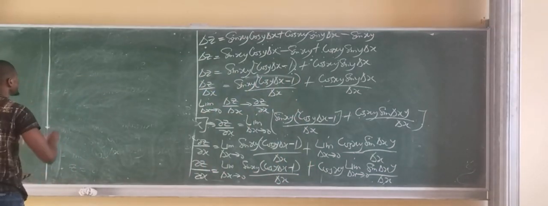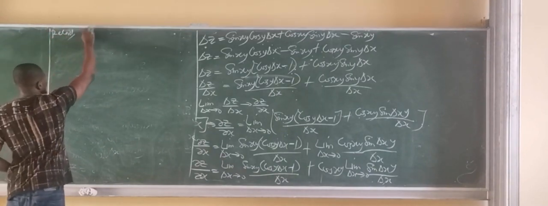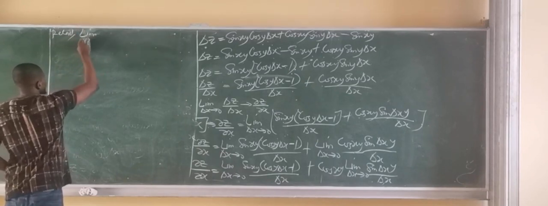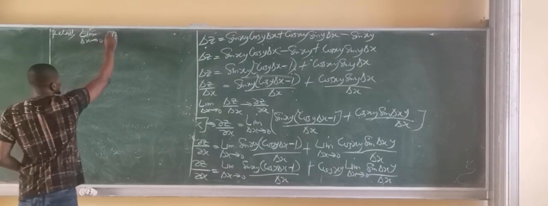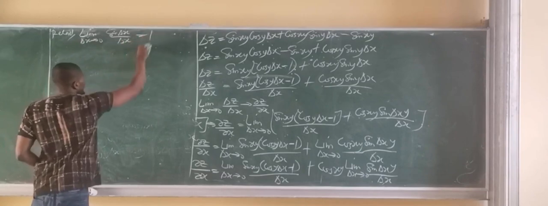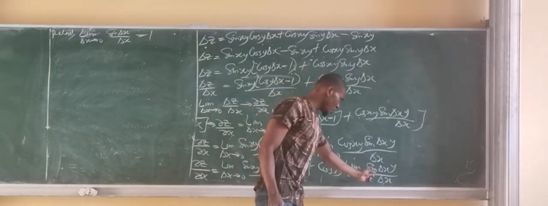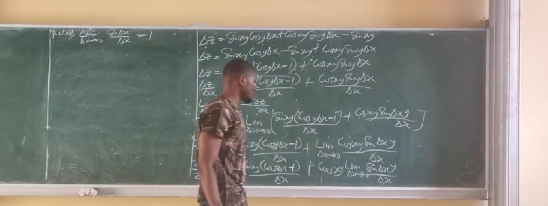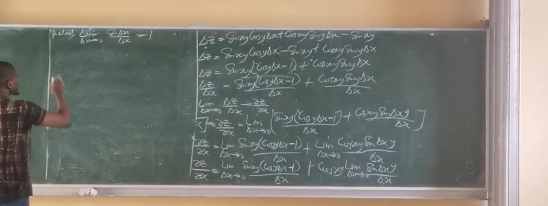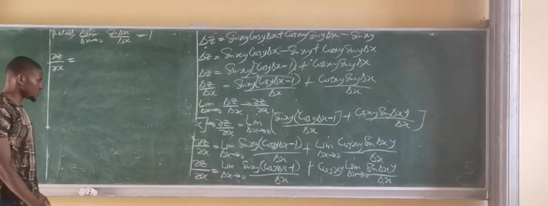From L'Hopital's rule, recall that the limit as change in x tends to 0 of sine change in x over change in x is equal to 1. So in place of this function, sine (y change in x) over change in x, we simply replace it with y, which is 1 times y. Now let's put in the limits.